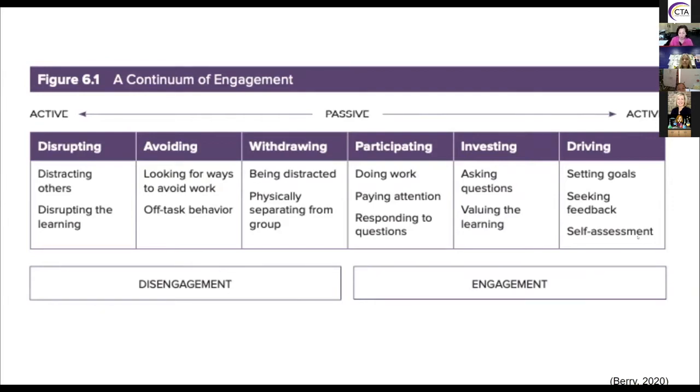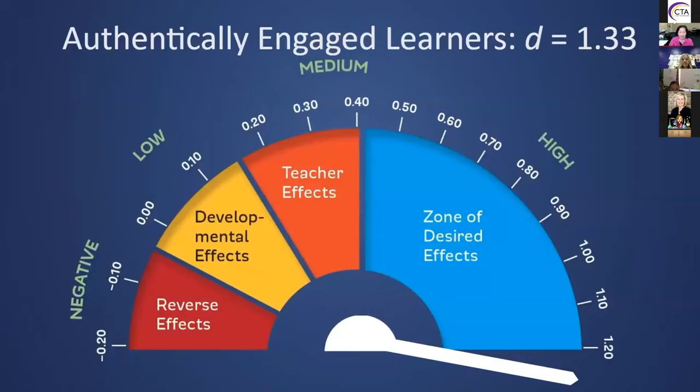And so when we want to design tasks, what we want to do is try to have tasks that actively engage our learners. This has an effect size of 1.33 from John Hattie's work, which is about 3 years of accelerated learning within 1 year, since 0.4 happens to be the hinge point.